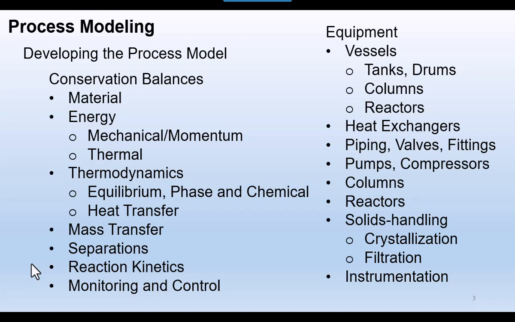The kind of equipment that we deal with are vessels, heat exchangers, piping and fittings, pumps, compressors, columns, reactors, and occasionally we get into solids handling, like having to do with crystallization or filtration. And finally, especially if we're studying monitoring and control, we describe instrumentation associated with that.